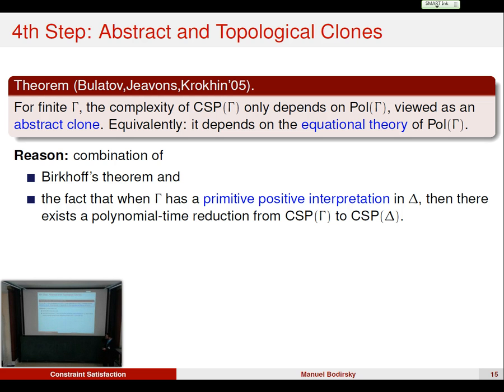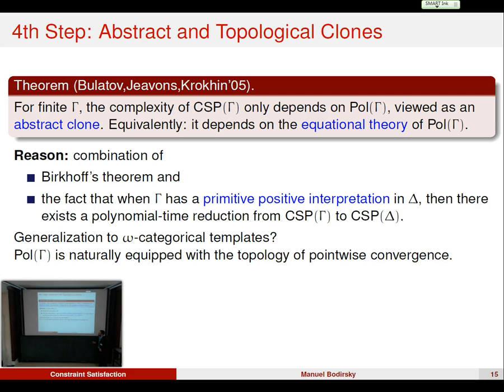So now, this is all in the finite. I've written finite Gamma. What happens for omega categorical structures? Is it again true? Can we just replace finite by omega categorical here, and that's it? There's one twist. As I already said, endomorphisms are equipped with the topology of pointwise convergence, and the polymorphisms as well.